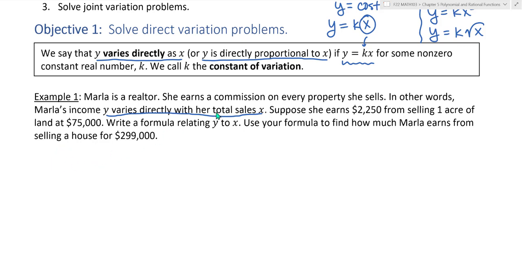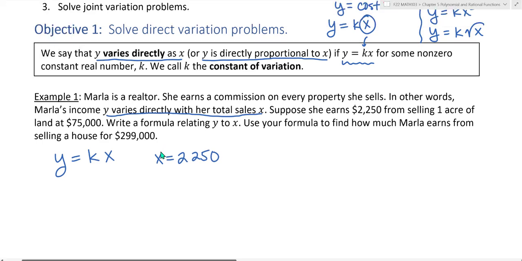So it says y varies directly with x. That means our initial bare bones formula is y equals kx. We don't yet know k, but we do know that when her sales, x, is 2,250, and, oh no, that's not it, is it?